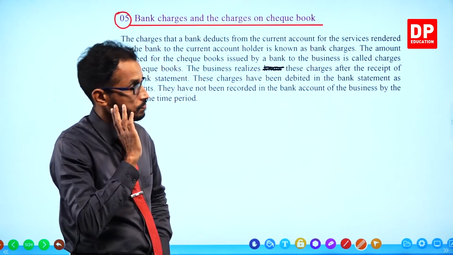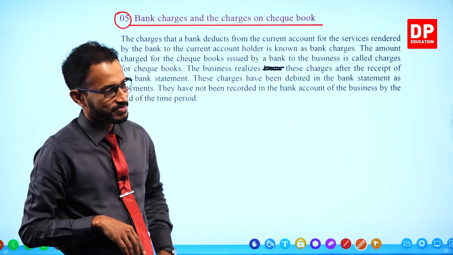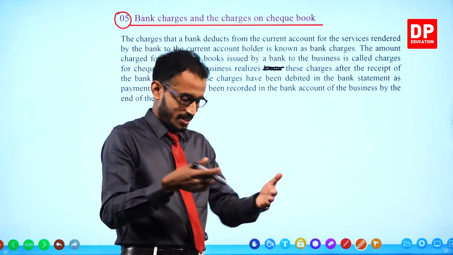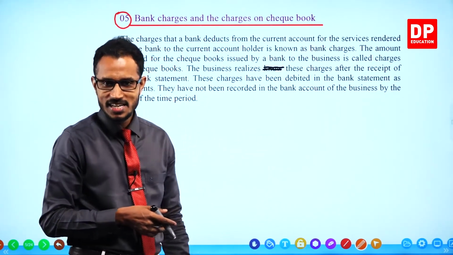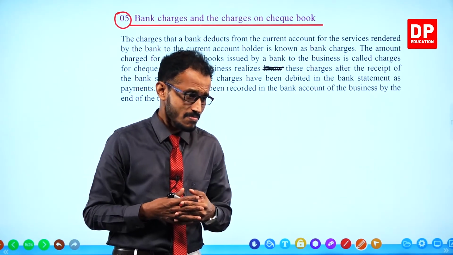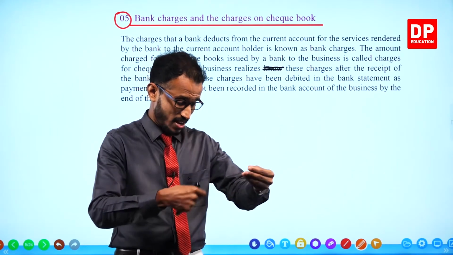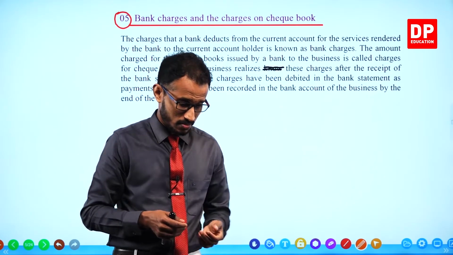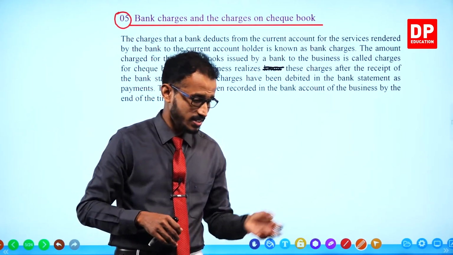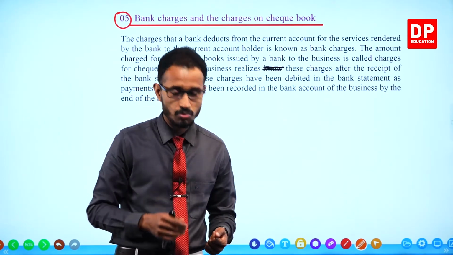That is the expression usually. When bank charges are mentioned in the bank statement, most of the time it's a little disappointing. This month also they have deducted 400, various charges for this and that, stamp duty and postal charges and checkbook charges.